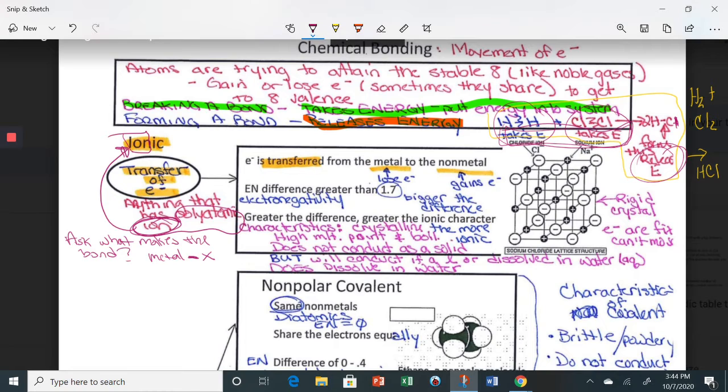We look at the electronegativity values for the two things that make the bond, and if the difference is really large, we say it's an ionic bond. Careful, there are always exceptions to that, and I'll show you some.